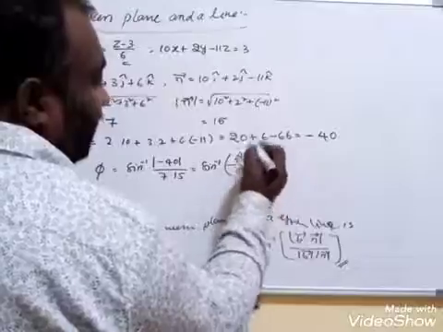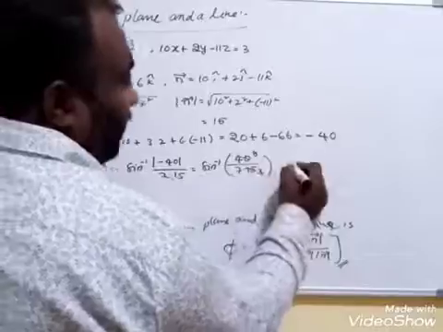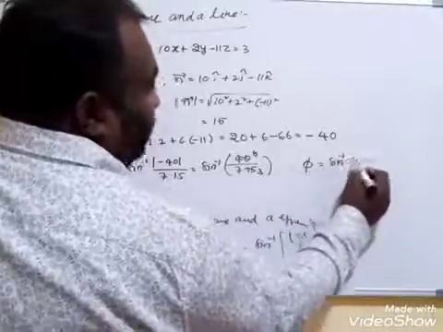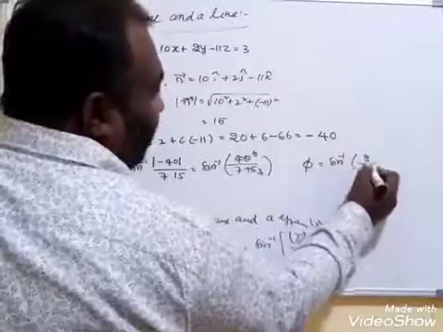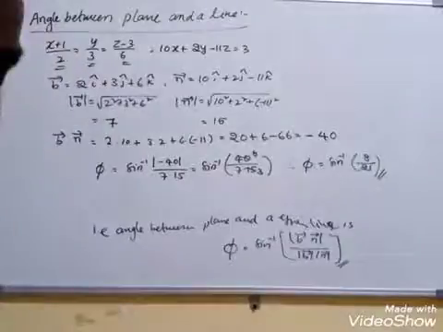Here 5 8s are 40, 5 3s are 15. Finally, phi is equal to sine inverse of 8 by 21. This is the question asked so many times.